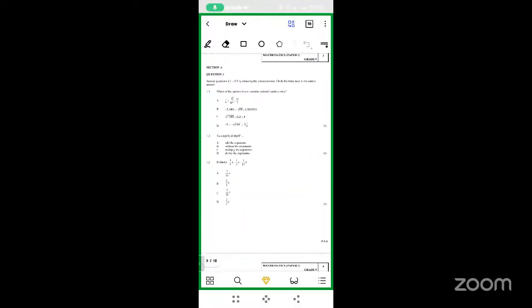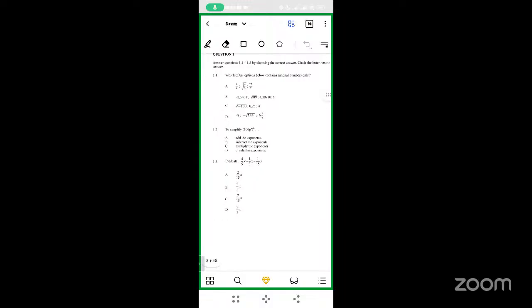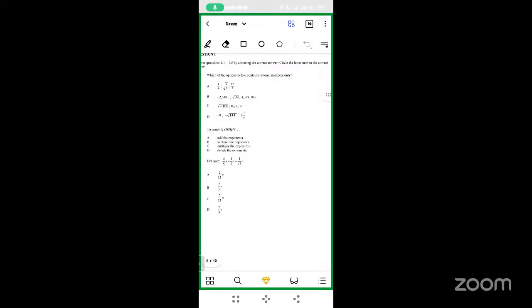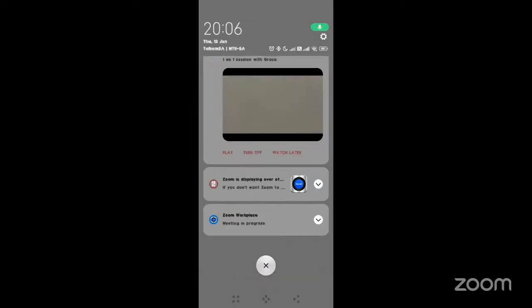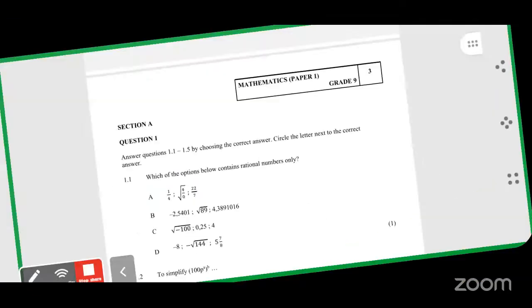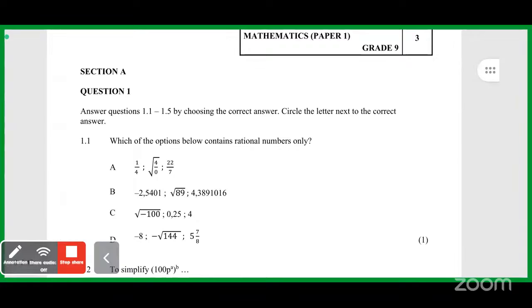So I have question 1 here. It says answer question 1.1 to 1.5 by choosing the correct answer. Select the letter next to the correct answer. Number 1.1 says, which of the options below contains rational numbers only?